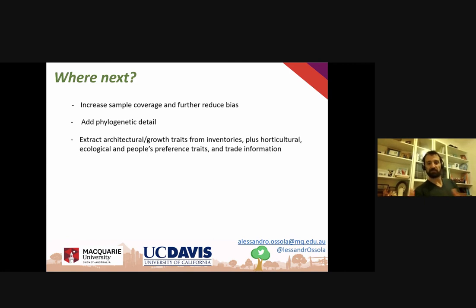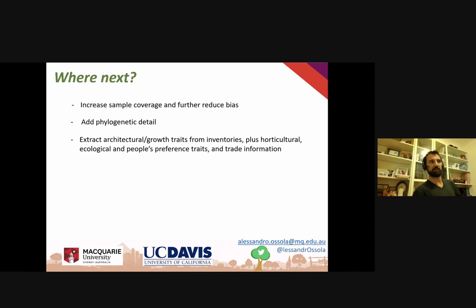And other things relate to horticultural and trade information. In Australia, we have access to live market availability of different species.